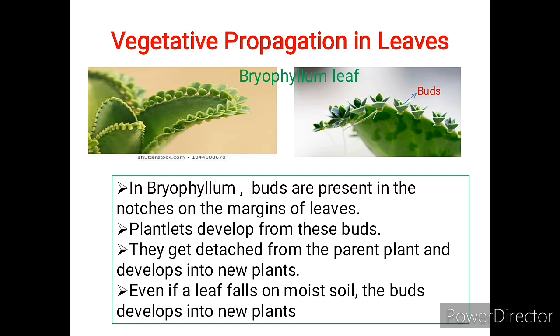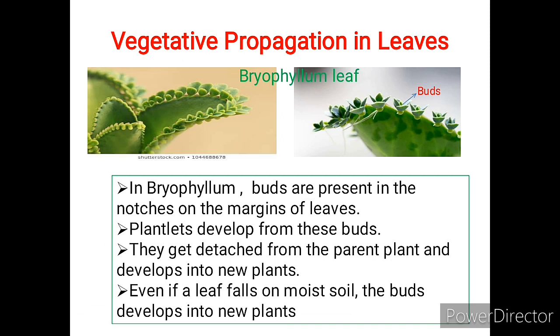Vegetative propagation by leaves occurs in plants like Bryophyllum. Have you seen this type of plant? You may find these plants in your surroundings.